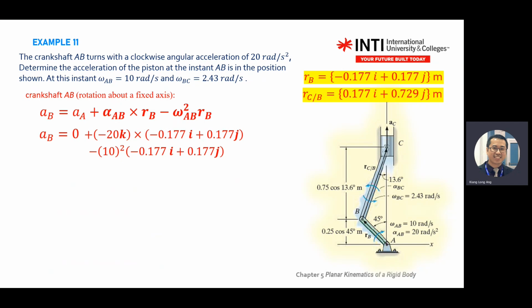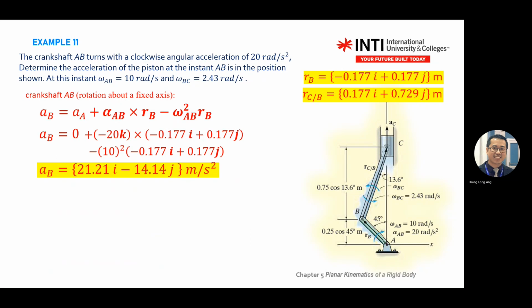And then minus omega squared. This one is the same, it is AB, so also negative. Don't put the negative inside here, it means that it's there. Then you get your a_B.